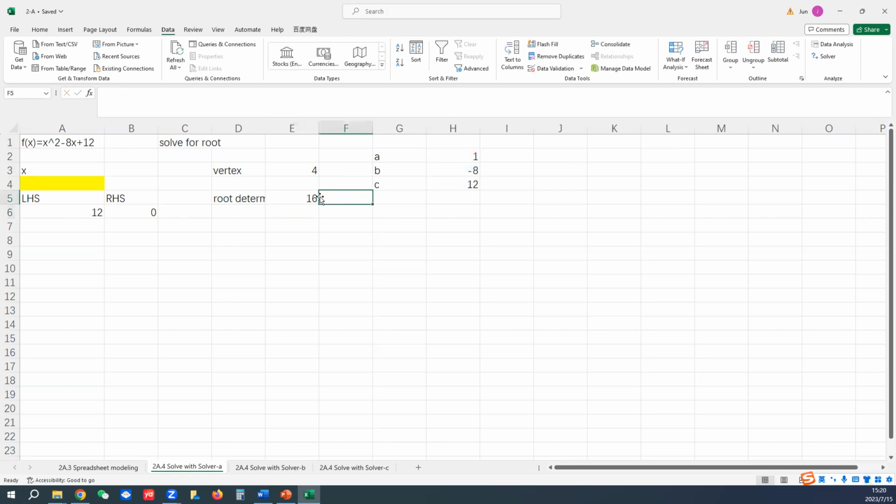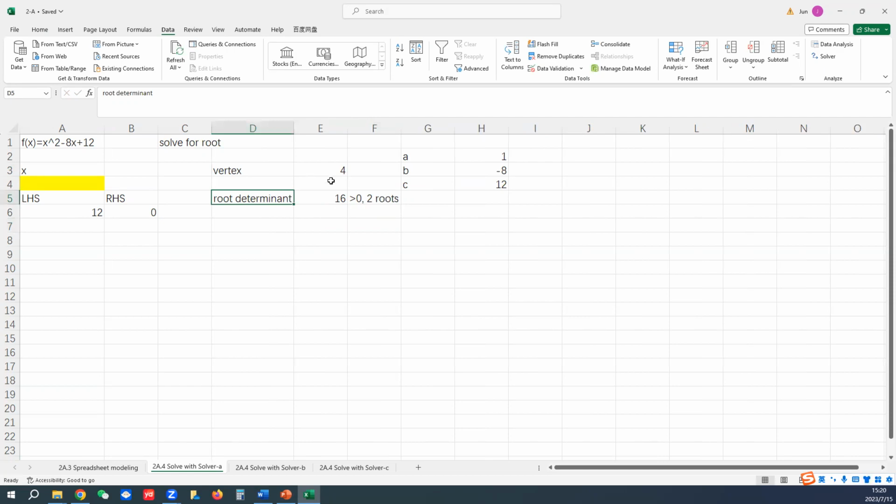It is greater than 0, so there should be 2 roots. So just working this out will give you a rough idea. And then let's first do the solver without restriction at all, and let's see what the result is.